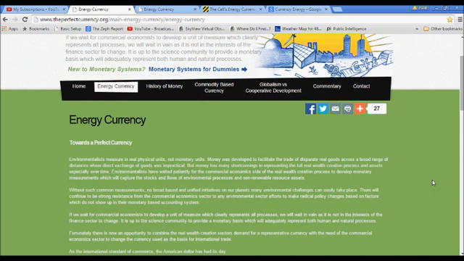But money has many shortcomings in representing the full real wealth creation process and assets, especially over time. Environmentalists have waited patiently for the commercial economic side of the real wealth creation process to develop monetary measurements which will capture the stocks and flows of environmental processes and non-renewable resource assets.